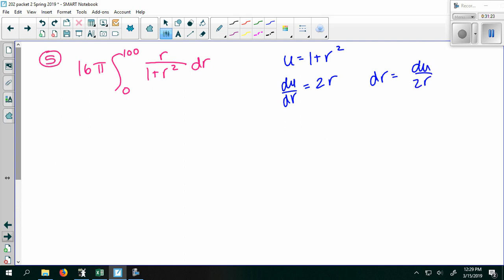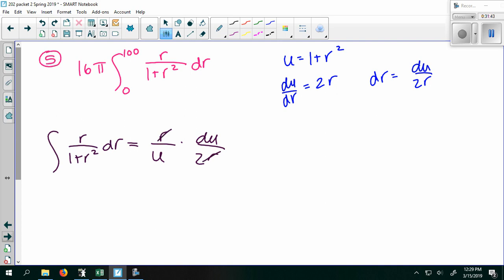Okay, I am just going to do the antiderivative of r over 1 plus r squared dr without any bounds of integration, and then I'll go back and do the definite integral. So this becomes r over u times du over 2r.